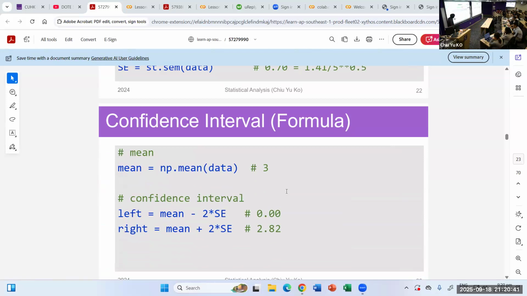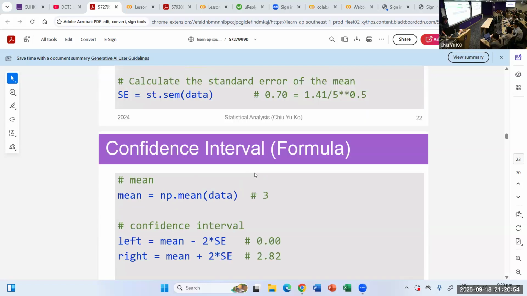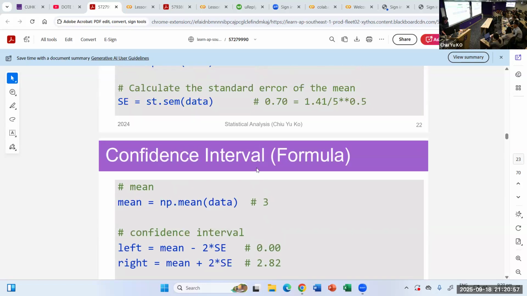And then you will be going from 0 up to 2 point... Must be some mistake. Wait a second. So this must be wrong, because 3 plus 0.7 should be 4.4, right? Let me do it in Python.